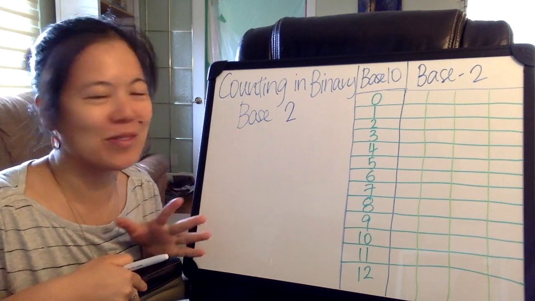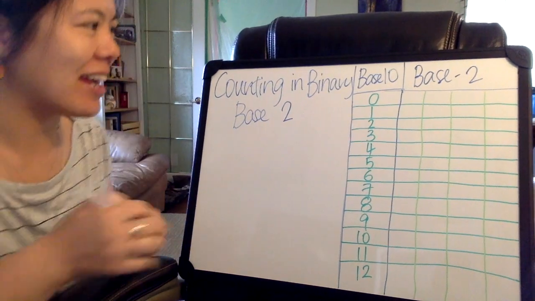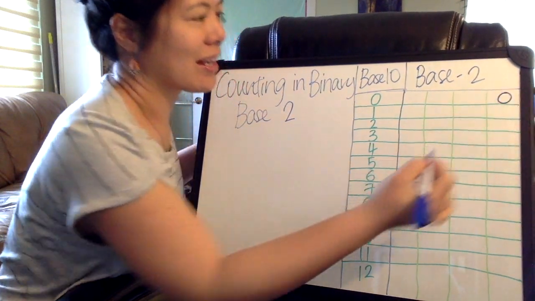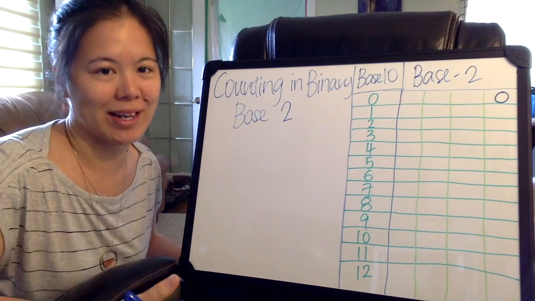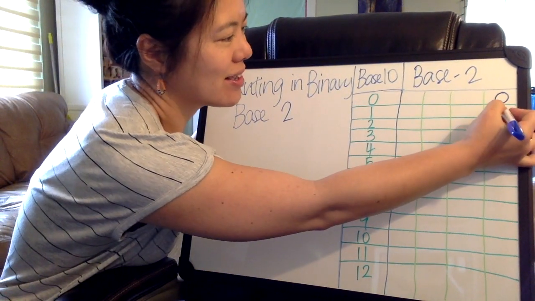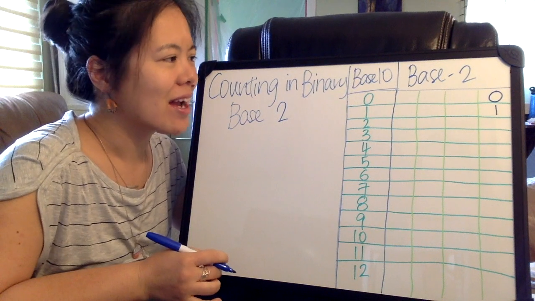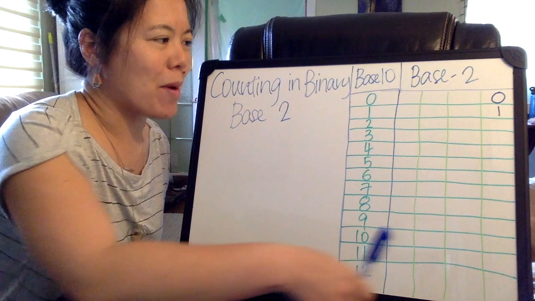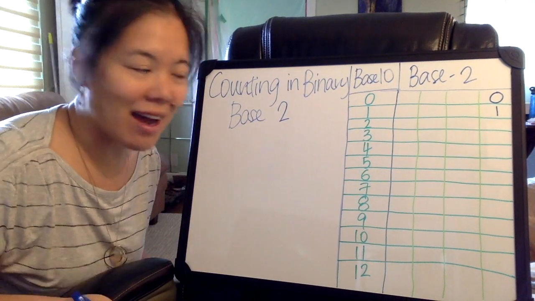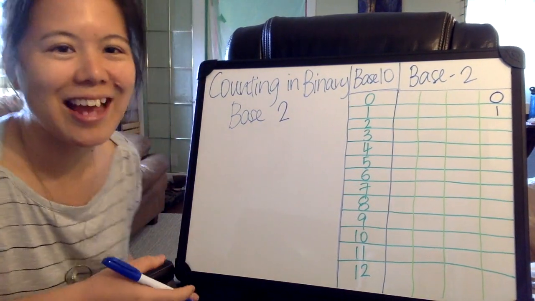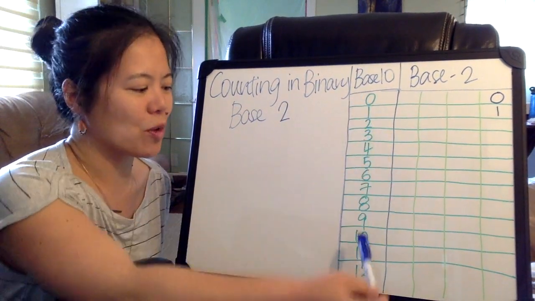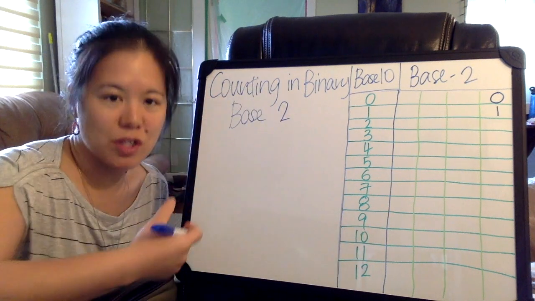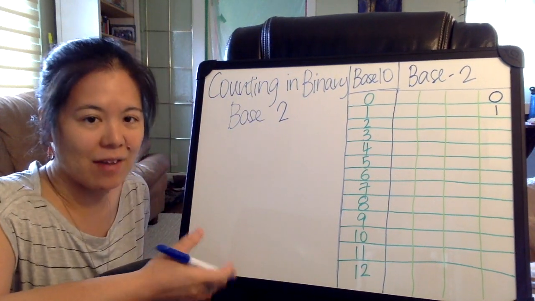Okay, so we'll try counting using binaries. So 0 is 0, we start at 0. And while counting, that means you are adding 1 each time, right? So I add 1, 0, 1. And then I add 1 to 1. Well, it's 2. Well, that means, remember, if we are counting base 10, whenever you got to 9, you had to carry over to the left-hand side of the place value chart.